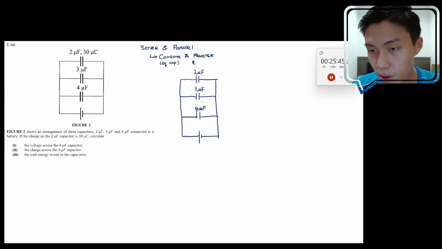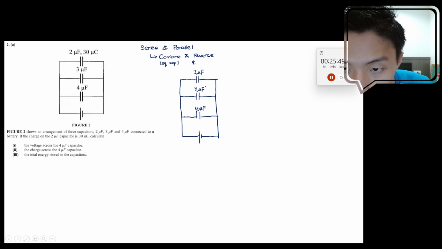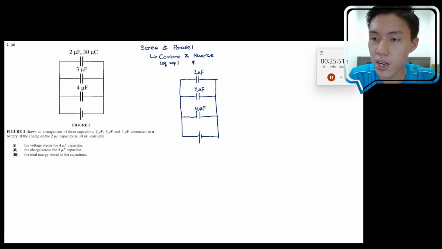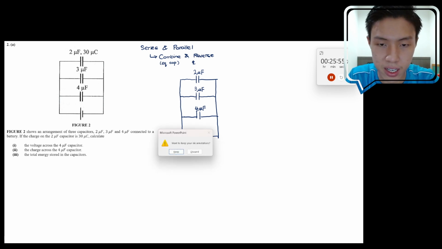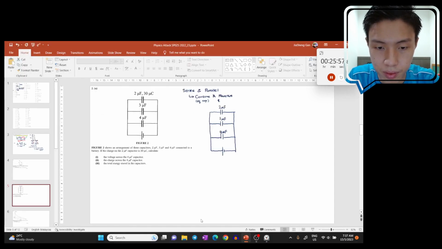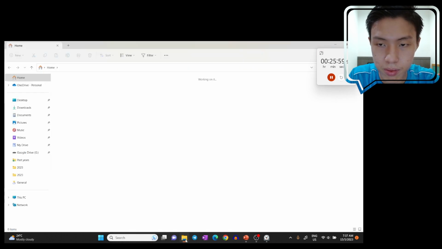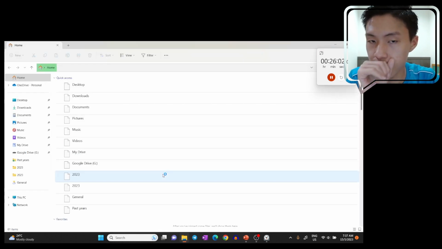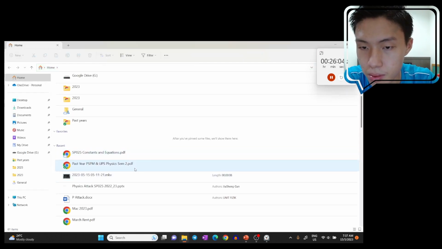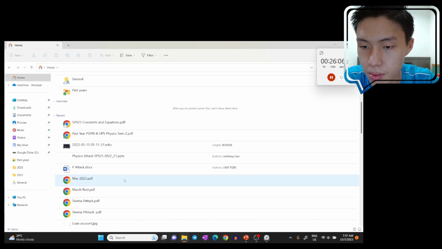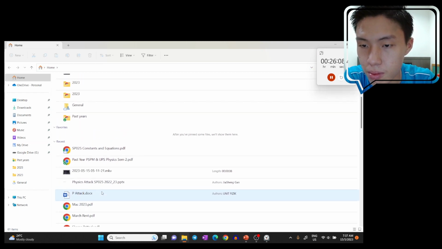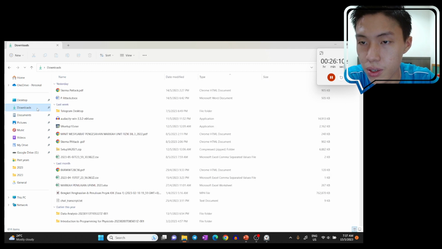Do they specify what the battery voltage is? They didn't specify. Did they specify? Let me double check first. Where's the question?